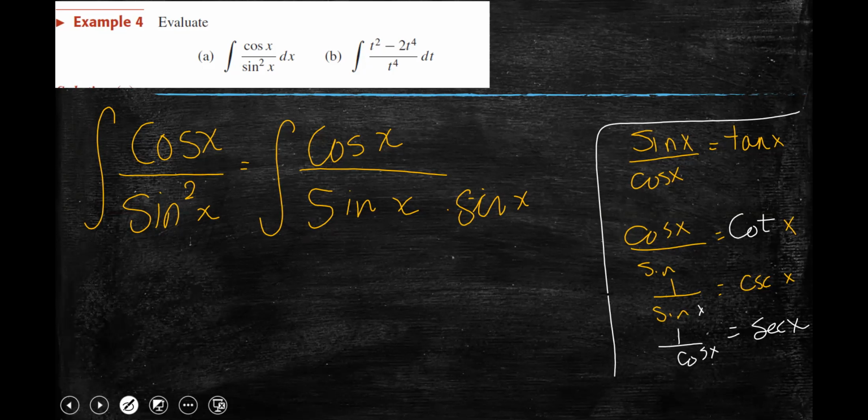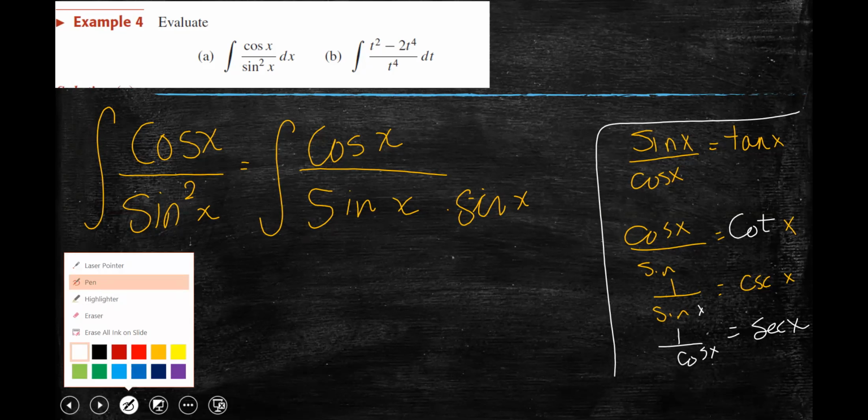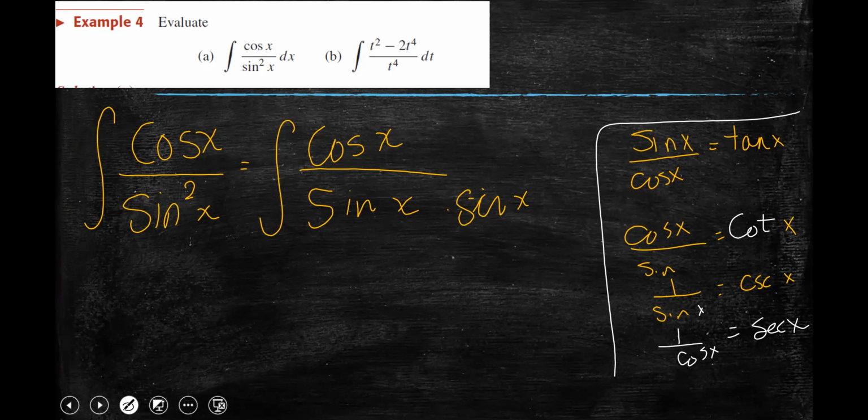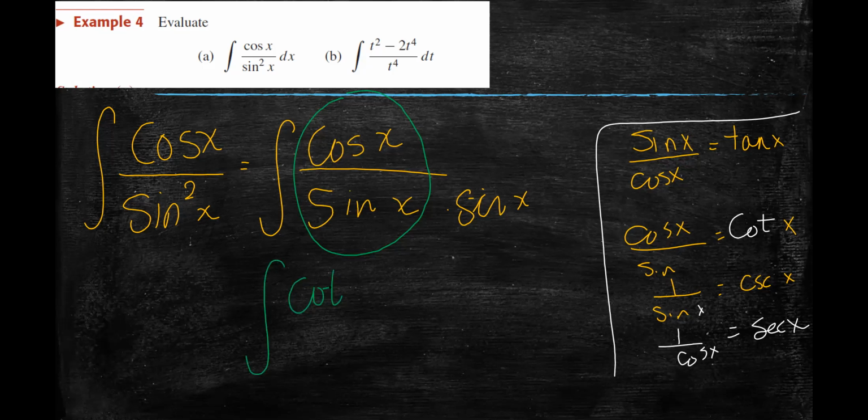So look now here, we have cosine over sine. Which one is cosine over sine? It is cotan. So I will write cosine over sine as cotan x. Here we have nothing, so we can write 1 over sine. What is 1 over sine?